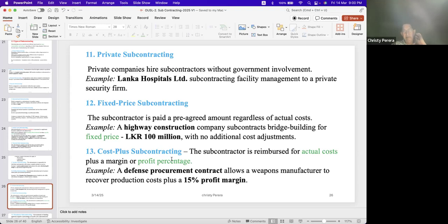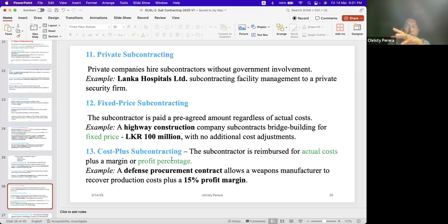Now, I have been involved in one of these things. I have done the same at Lanka Hospitals Limited. I am the one who prepared the procurement guidelines and manuals for them about 2 years back, not much, 2 years back.